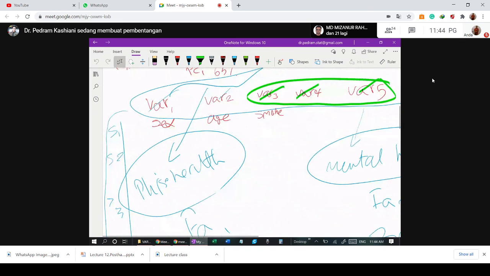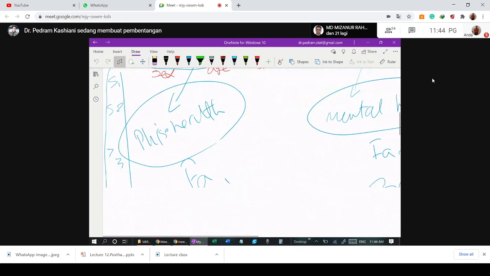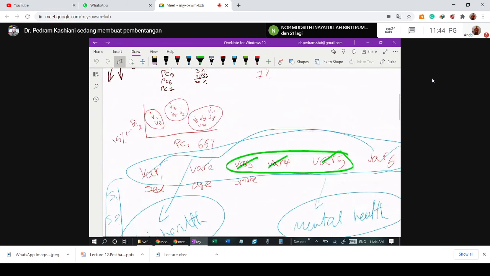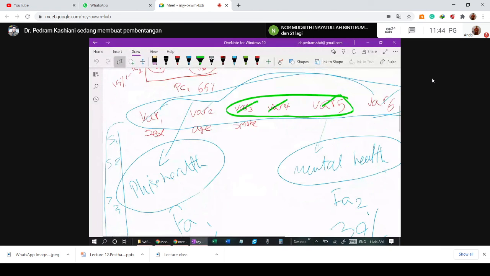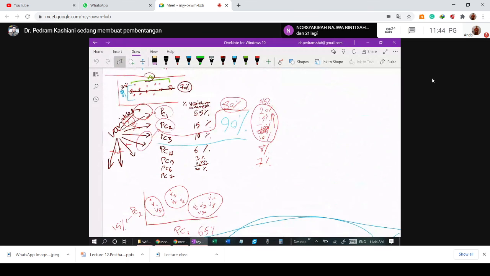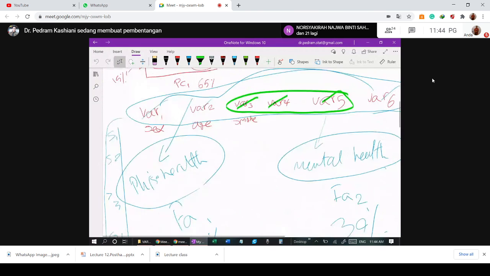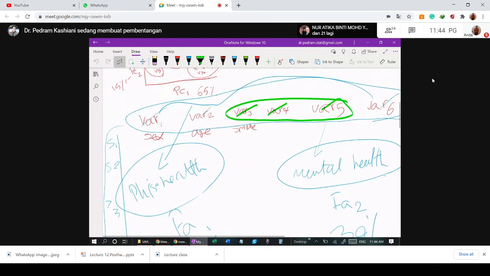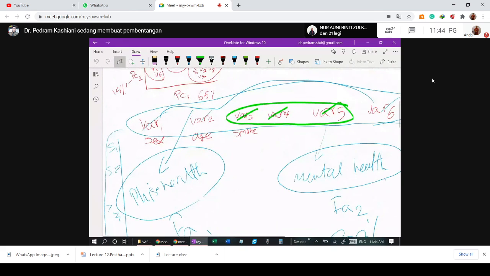PCA and factor analysis are also very similar, but factor analysis is for social sciences. In PCA, each of them is called a PC. Here we call them factors. And in these factors, I put the variables I collected into different factors.